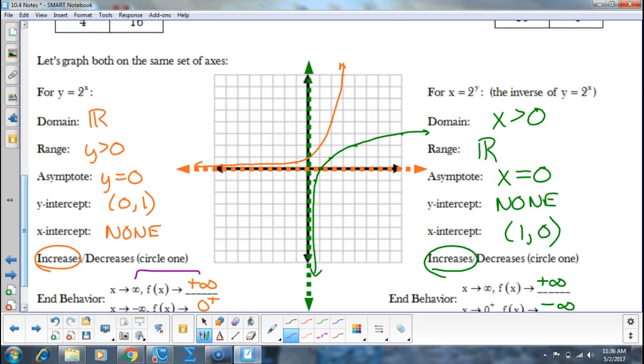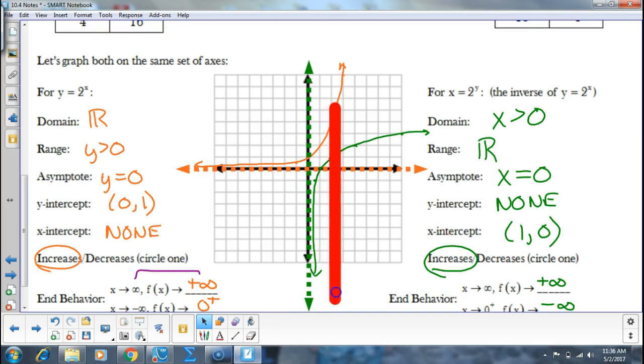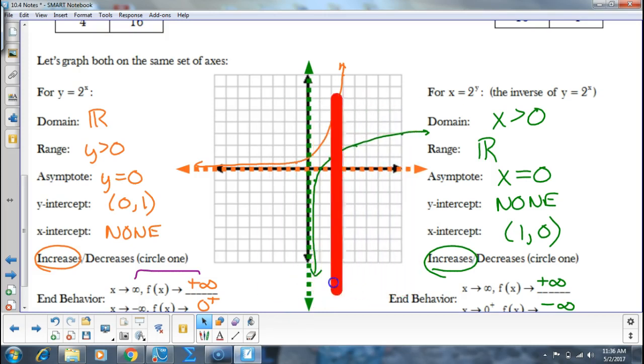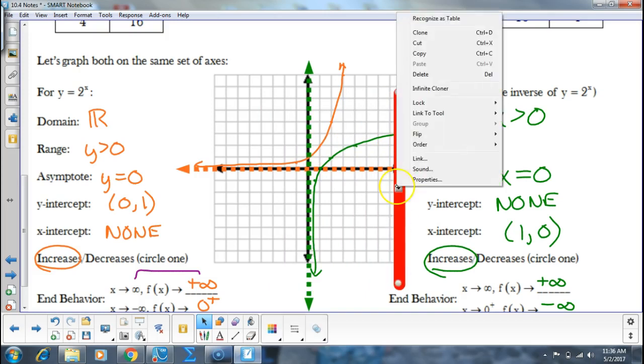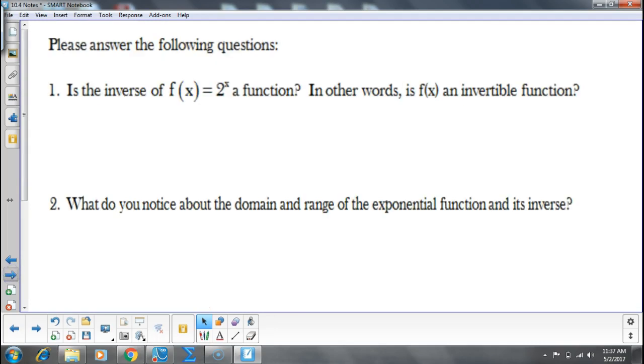We use the vertical line test. So if I take a vertical line and slide it across the graph, it should only touch in one spot. And it does. It only touches in one spot. So is that a function? Yes, my inverse is a function.